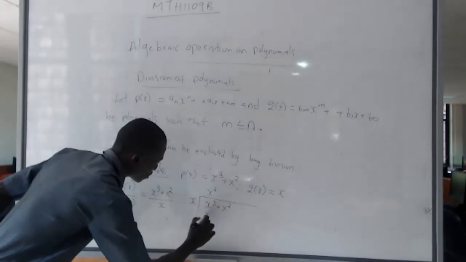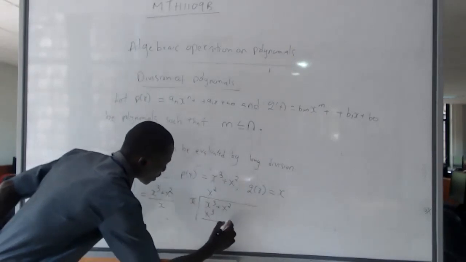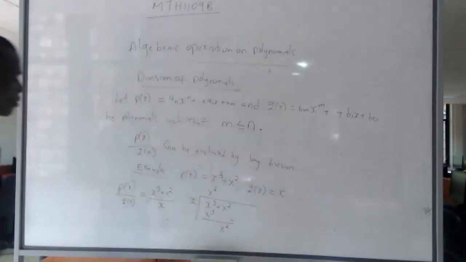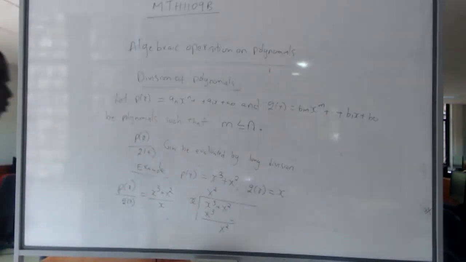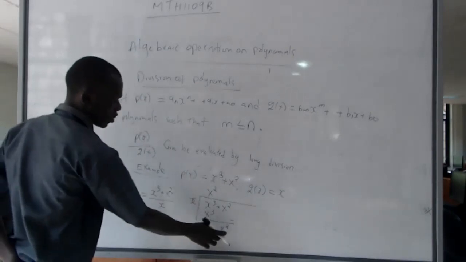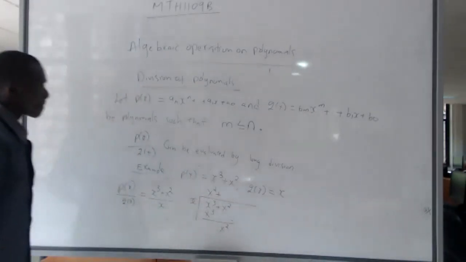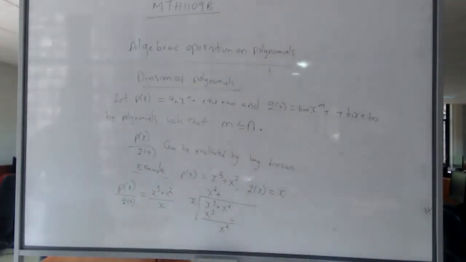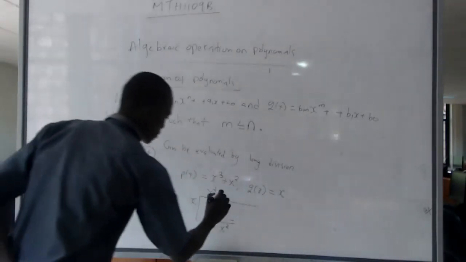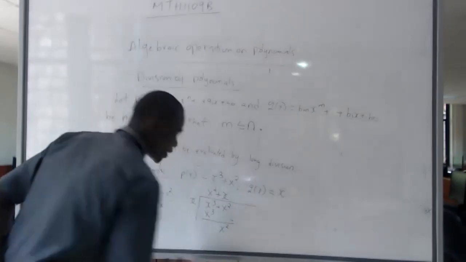So this gives you x cubed. And then you subtract this side, you have x squared. Of course, this side you have 0. Then how many times does x go into x squared? x. One time.